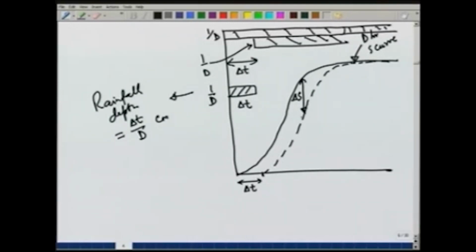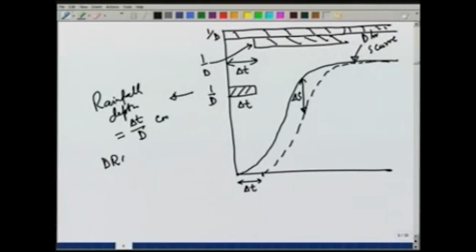So, if we have delta S due to a delta t over d centimeter rain, we can find out what will be the ordinate due to 1 centimeter of rain by using the principle of linearity. So, the direct runoff ordinate due to 1 centimeter of rain can be obtained from delta S, delta t and d.